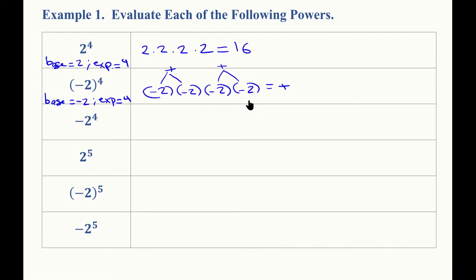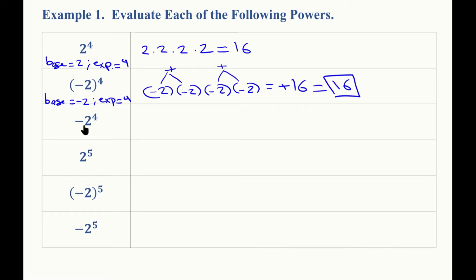And whenever that number is even, the overall result will be positive. So of course we know the rest is just going to be the same as 2 to the power of 4, so we'll get 16. And of course, for a final answer, we don't include the plus because the simplest form of positive 16 is simply 16. We write it like that.